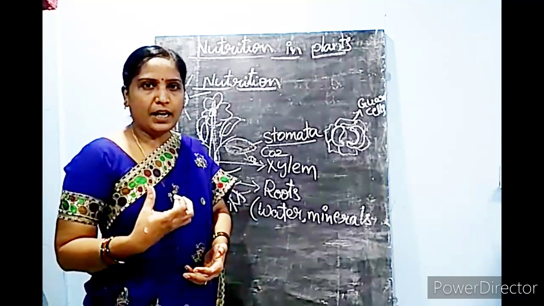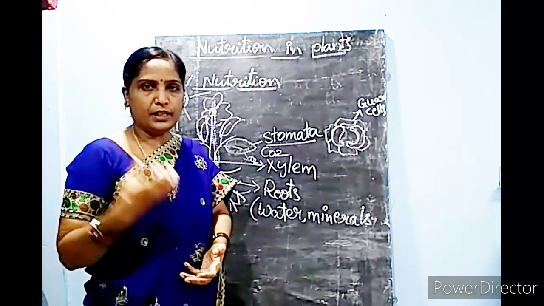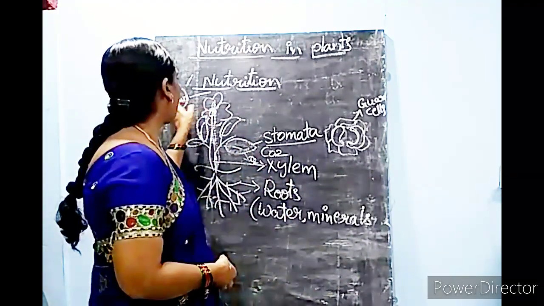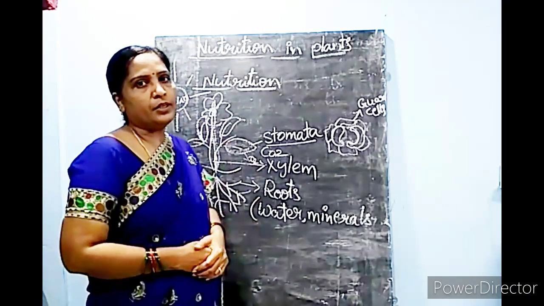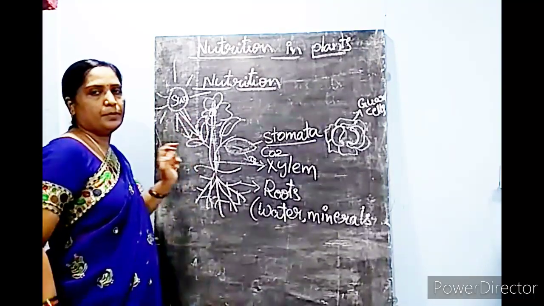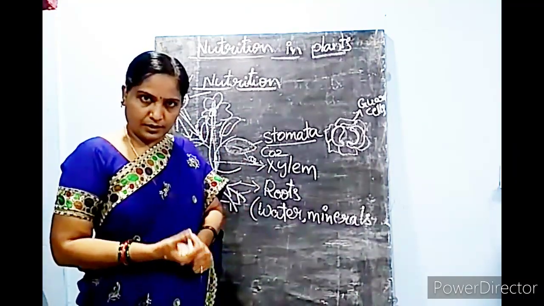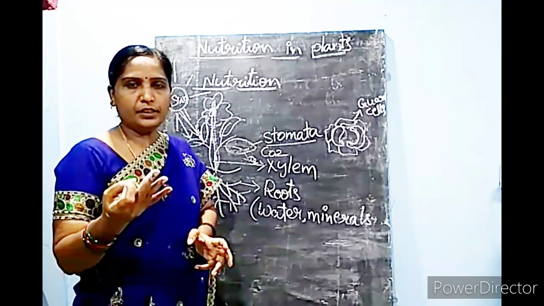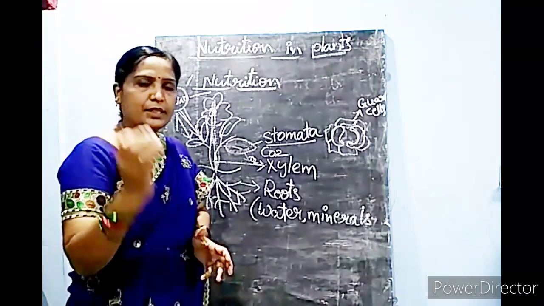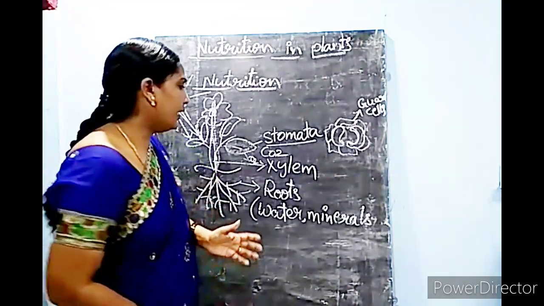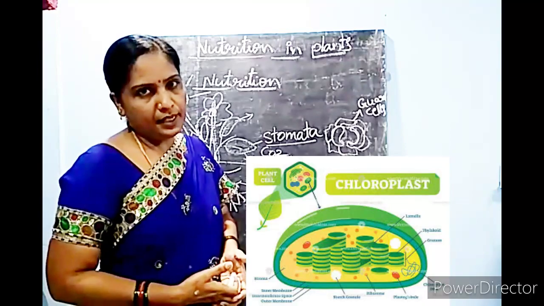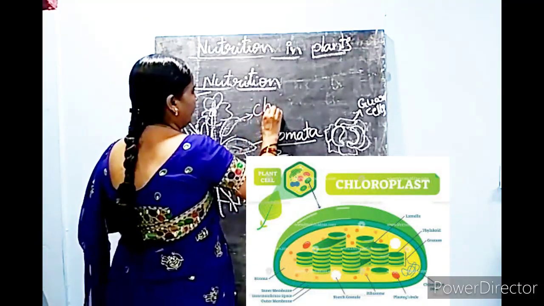So directly or indirectly, non-green plants and all other living organisms depend on the plants; the ultimate source for all the energies is the sun. So they are trapping this solar energy by using this sunlight's energy, water, minerals, carbon dioxide and a special character that's present only in the plants: all the leaves are green in color because of a pigment present in them known as chlorophyll.